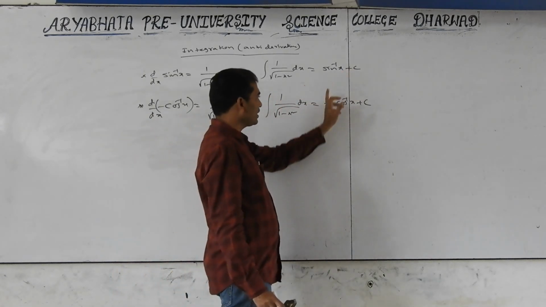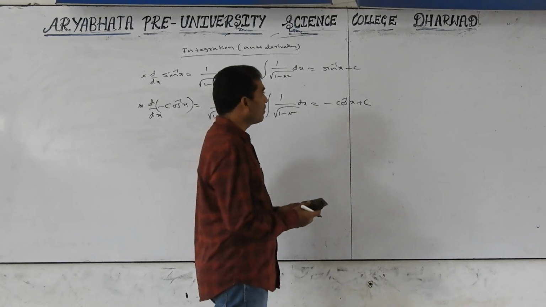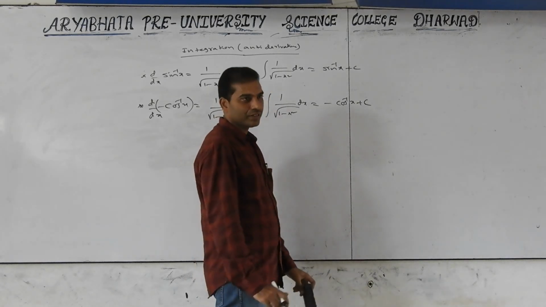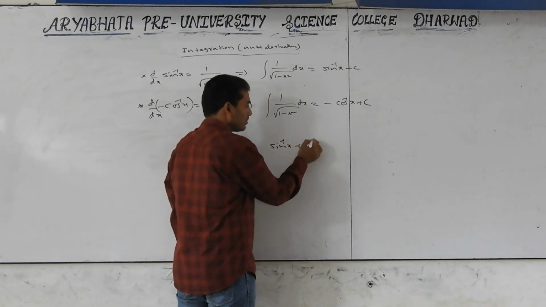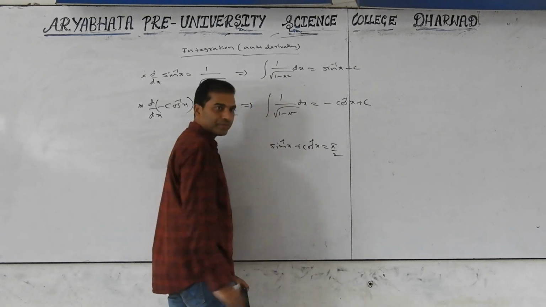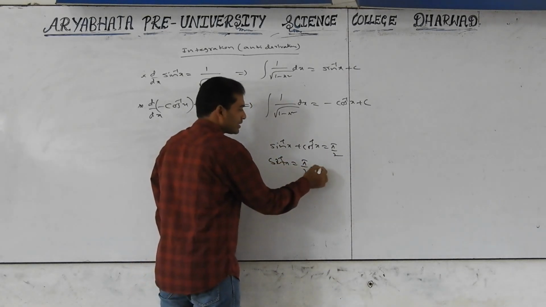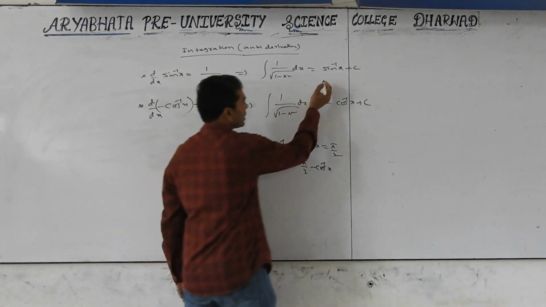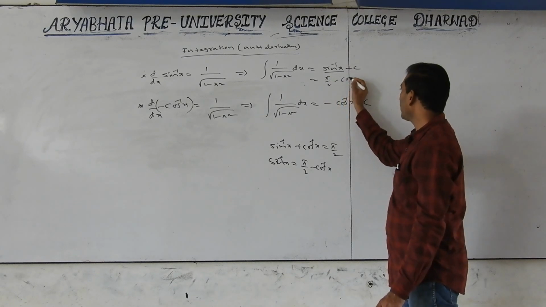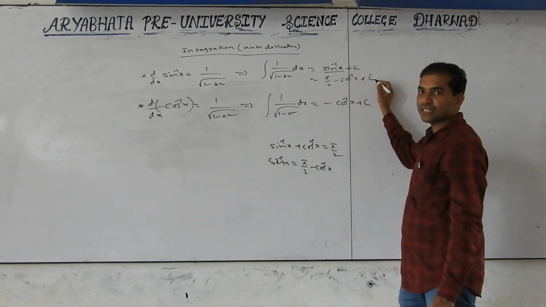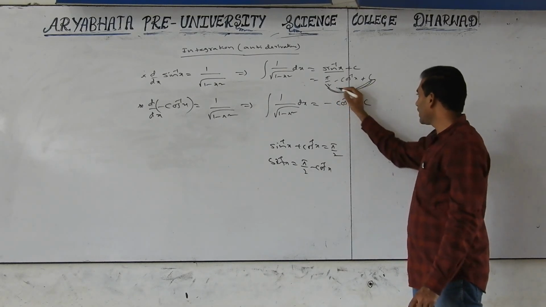Sin inverse x plus c and minus cos inverse x plus c, both are same. How? By the inverse trigonometric function concept, sin inverse x plus cos inverse x equals pi by 2. So sin inverse x equals pi by 2 minus cos inverse x. Substitute here: sin inverse x plus c equals pi by 2 minus cos inverse x plus c. Pi by 2 is constant, c is constant, these two together make capital C.